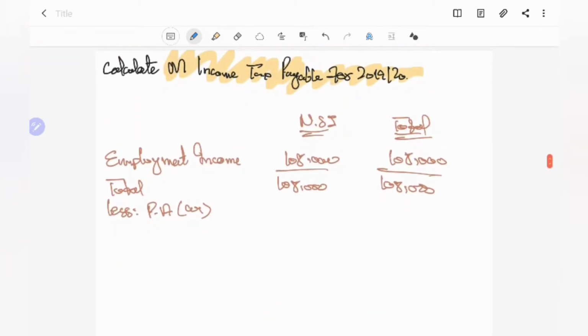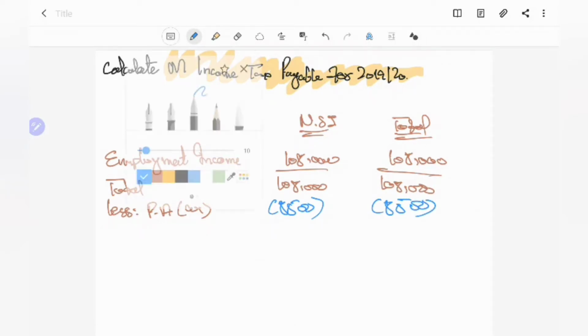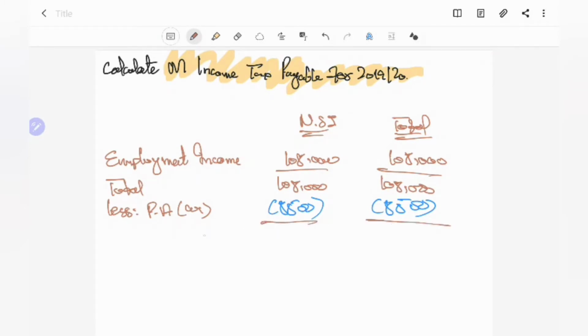Get back to the example now. As per the working, it's 8,500, right? Yeah, 8,500. So deduct it from here to get taxable income: 99,500 and 99,500.